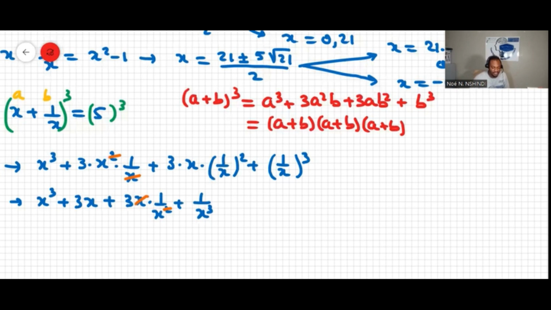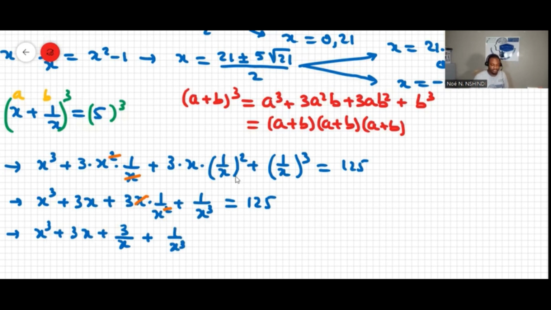That will make what? On the right hand side, 5 cubed is 125. That makes x cubed plus 3x plus 3 over x, plus 1 over x cubed.